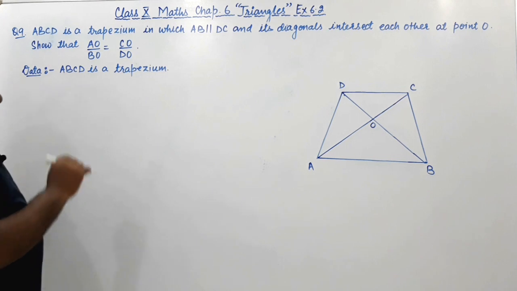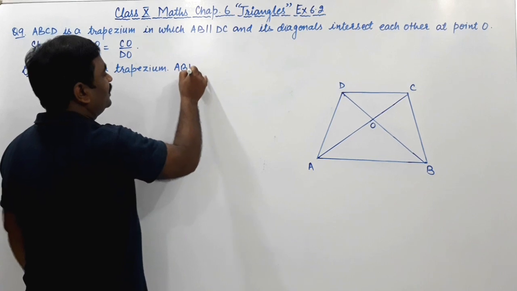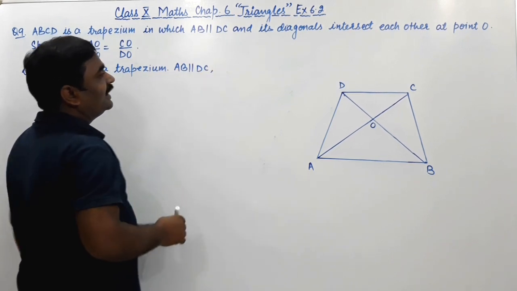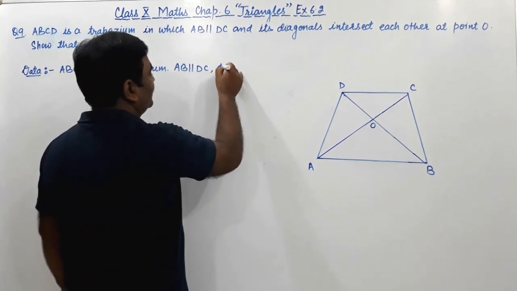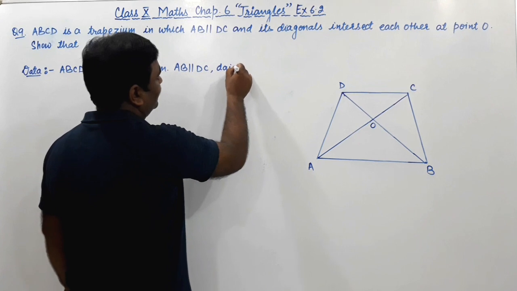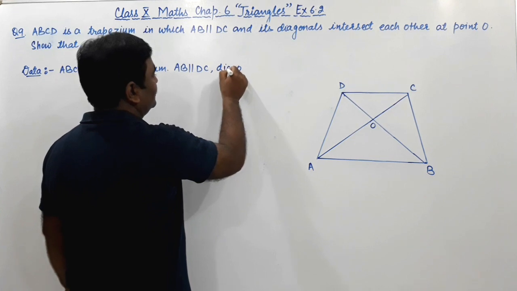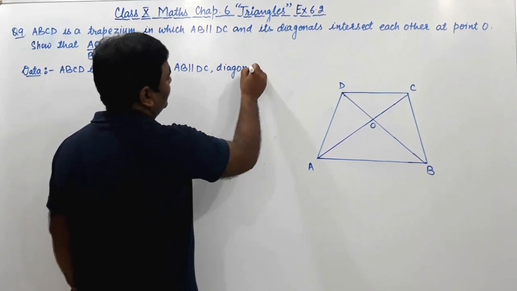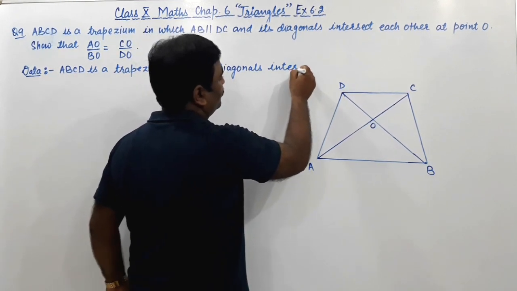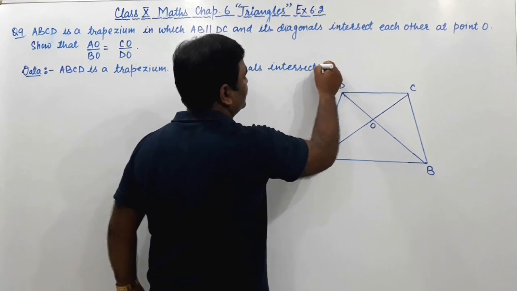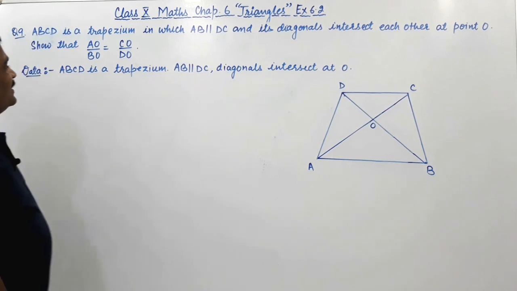ABCD is a trapezium in which AB is parallel to DC, and the diagonals intersect each other at point O. This is the data.